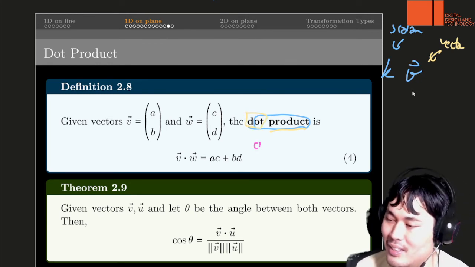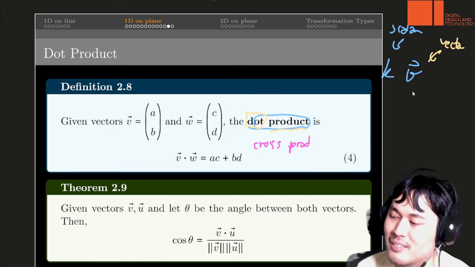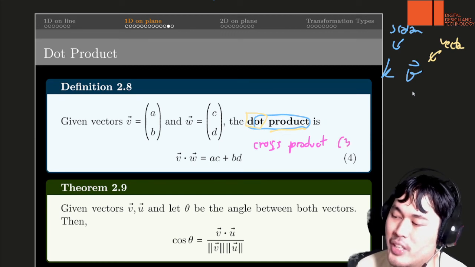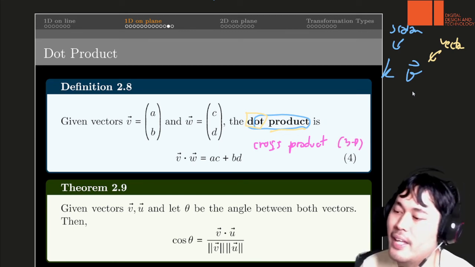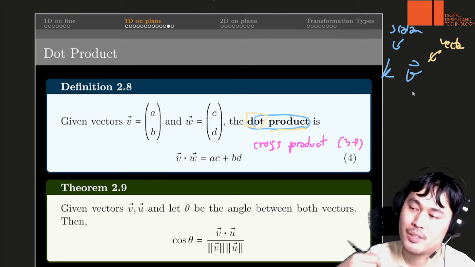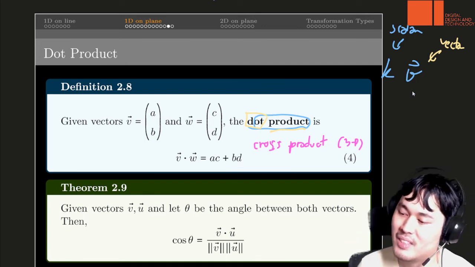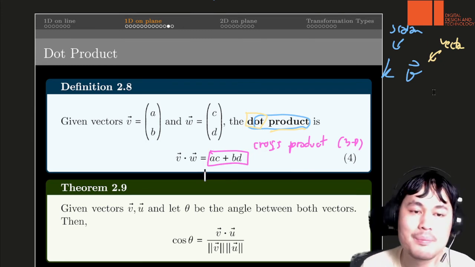And just in case, another way is the cross product, which actually requires the vectors to be 3-dimensional. But anyway, there is more than one way to define products, and they mean different things. They are used in different aspects. For the dot product, again, this is in no way intuitive.